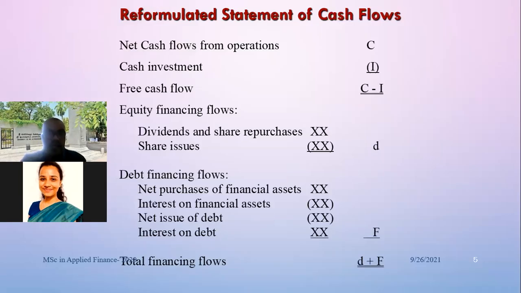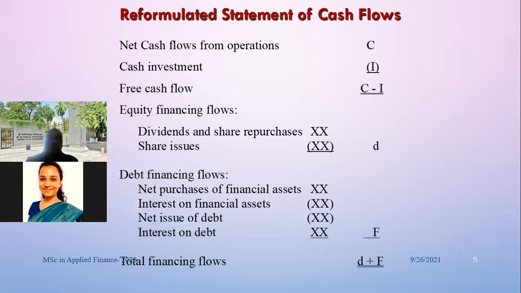When it comes to the cash flows, they are also rearranged, but cash flows from the operating activities can be taken as cash flows from operations. That is given here. Net cash flow from the operating activities is represented by C. That is what we call net cash flow from operation.